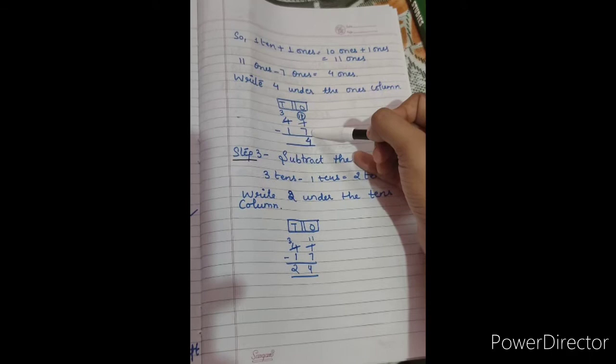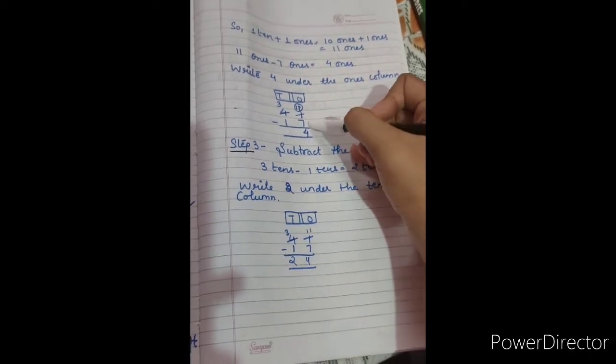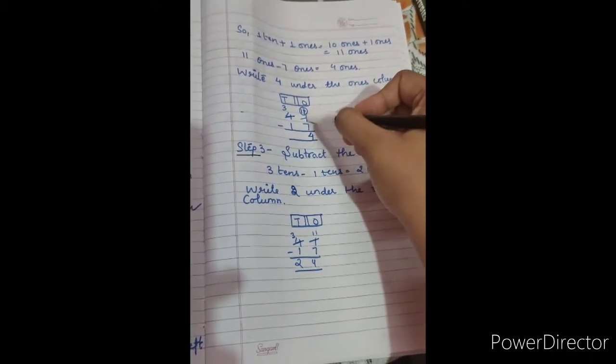And here is 7. Then we subtract 7 from 11.